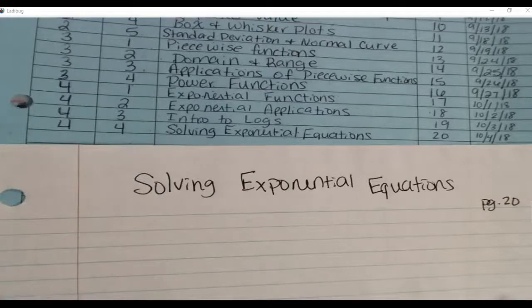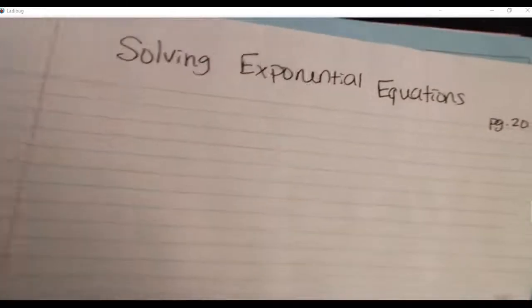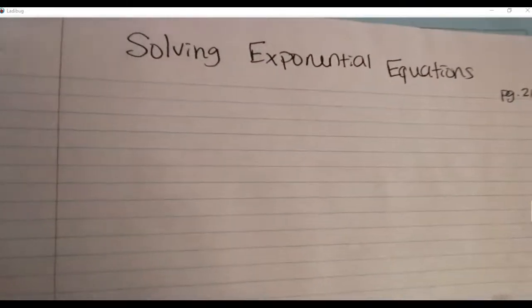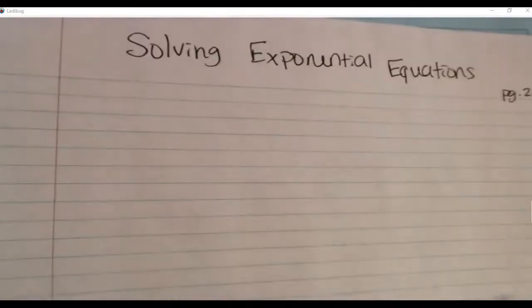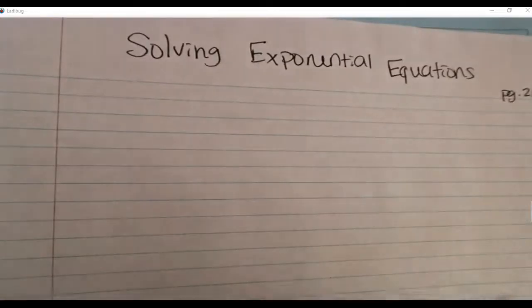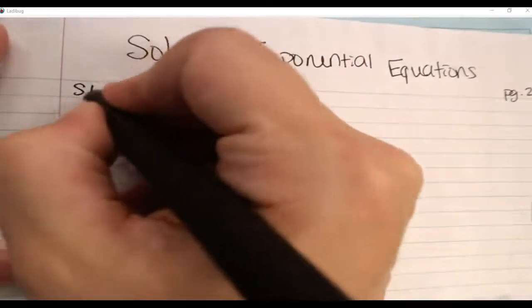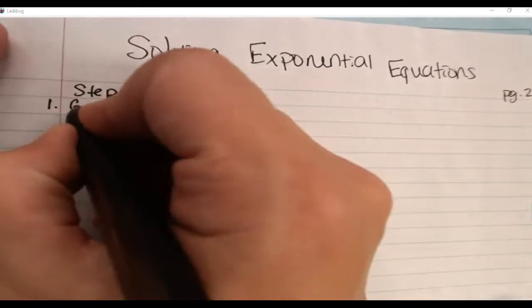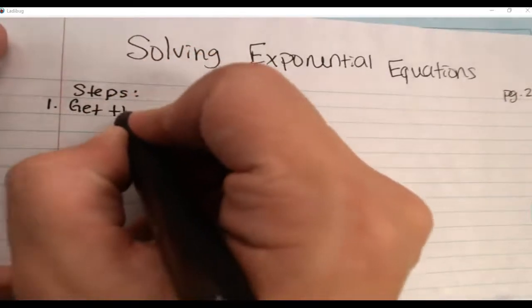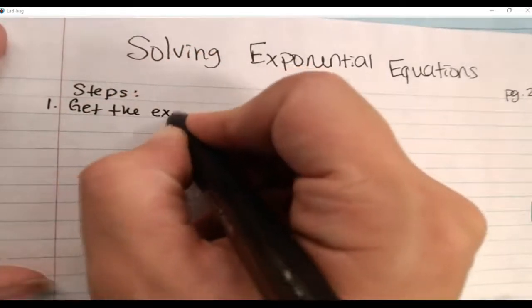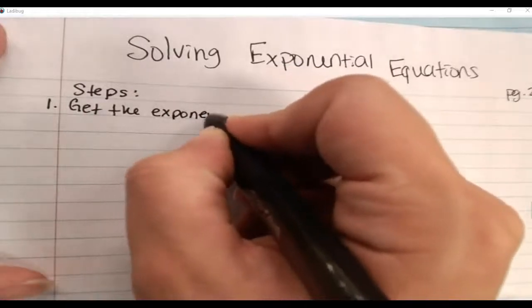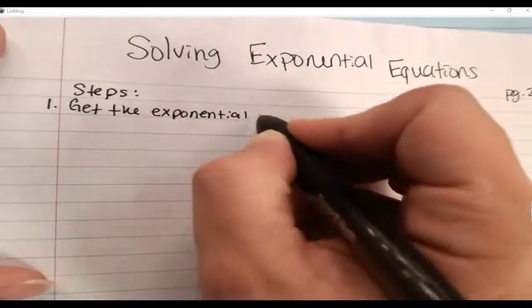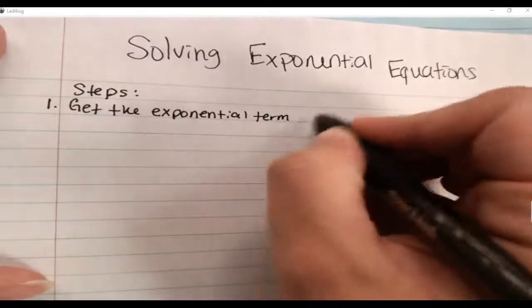So, to solve an exponential equation, there are just a few steps. The first thing that you want to do is get the exponential by itself. So, let's write our steps. We want to get the exponential term by itself.